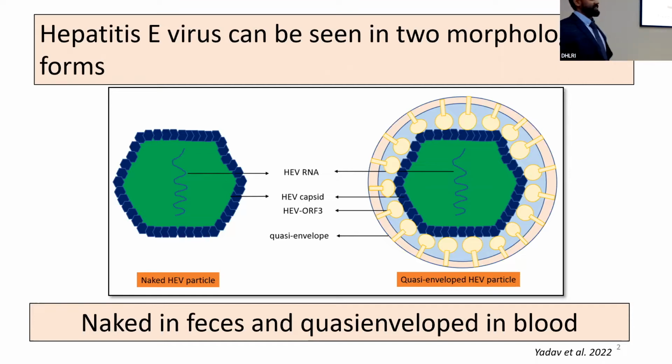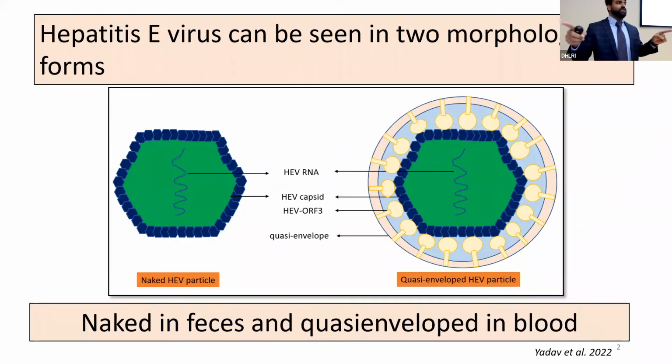Hepatitis virus exists in 2 forms. On the left side, you can see the naked form, and on the right side, you can see the enveloped form, with the outer coating. Let me tell you about the naked virus. Hepatitis means inflammation or swelling of the liver.